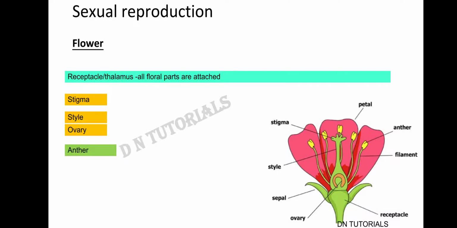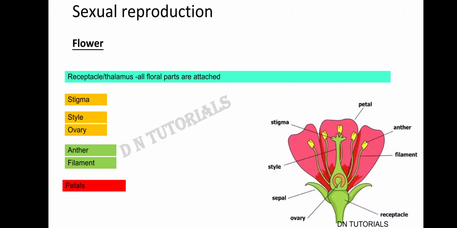Now if we talk about the male part of the flower, the first swollen part of the androecium or stamen is the anther. Anther is connected to the flower with the help of a thin slender part which is called the filament. Anther and filament together form the stamen.